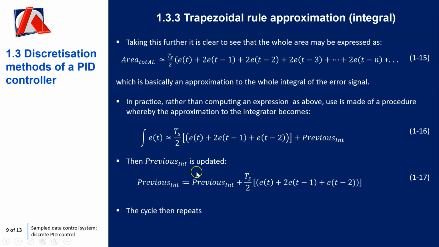So it's effectively given by this, where previous int is updated. Previous int becomes previous int plus the effect of the new trapezoid and the previous trapezoid, and this is continually updating as you sample. The cycle just effectively repeats itself.